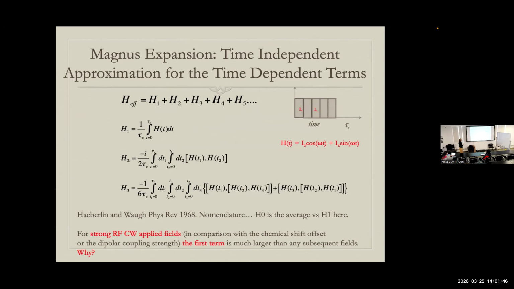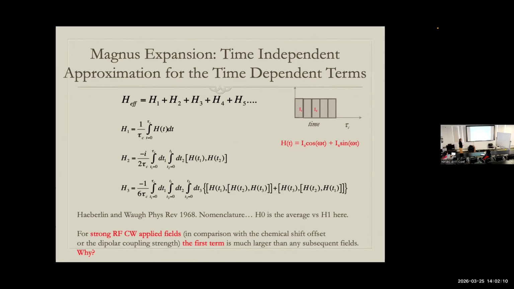The effective Hamiltonian is a series where the first element is just a simple average. The second one is a correction if the Hamiltonian at one time does not commute with itself later. It's not self-commuting over the cycle. And if that doesn't clean it up, then you might need to take a triple commutator and so on. That's what these terms look like.